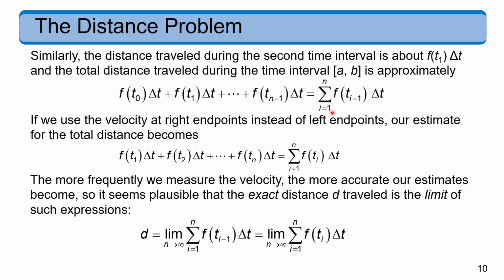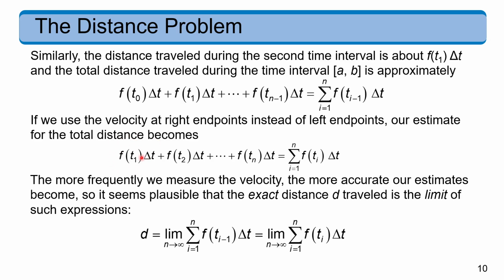Now we discussed earlier that in this version we use the beginning of each time interval to determine the velocity we were going to use as our constant. We discussed that you could have also used the ending velocity over each subinterval. So the first subinterval goes from t0 to t1. Up here we took the beginning time, t0. In this option we use the ending time, t1.